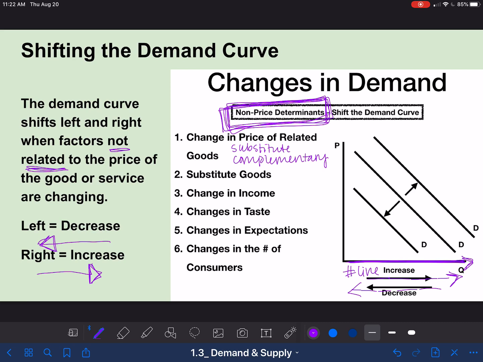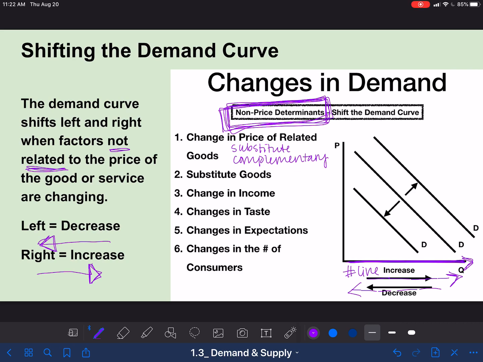It could be like name brand AirPods or just regular Bluetooth headphones. We could also look at butter and margarine. Those are substitutes. Or we could talk about like Skippy peanut butter and Jif peanut butter and Peter Pan peanut butter. Think about all the different types of like vitamin manufacturers. Those are all substitutes for each other.